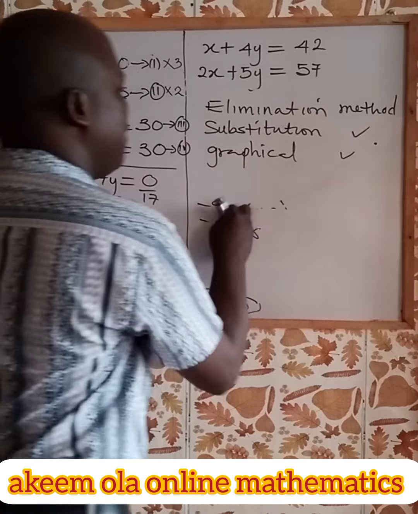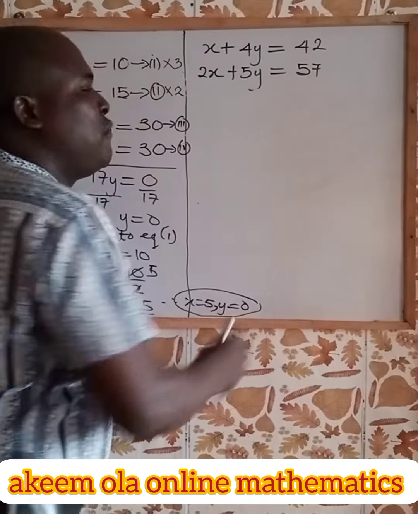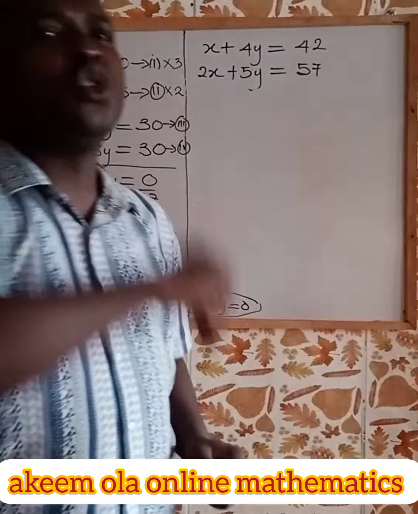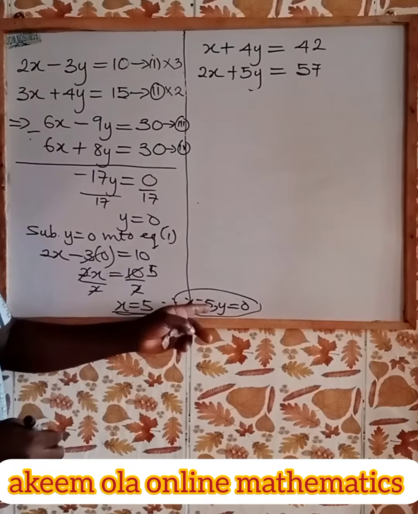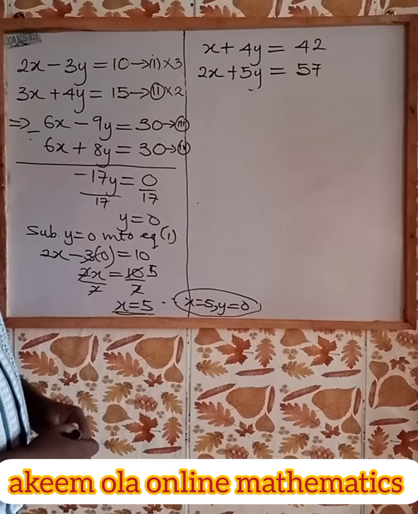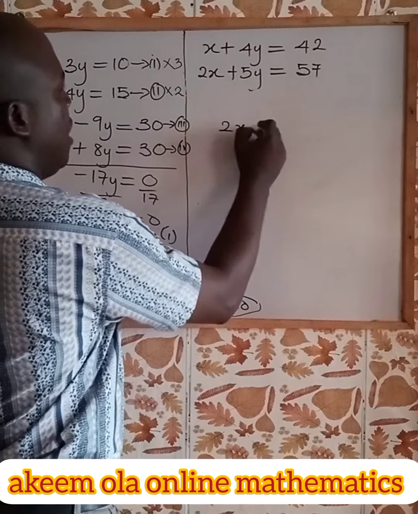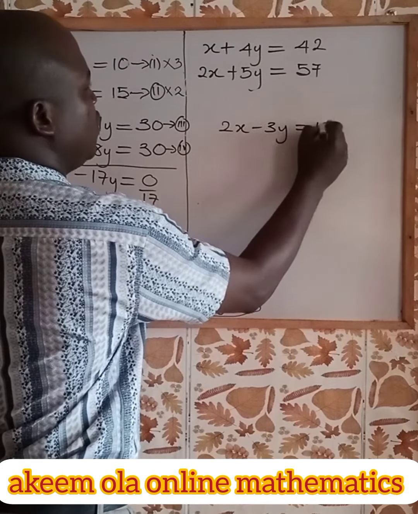You can confirm if you are actually right or wrong by substituting the values of x and y into the equation. Our x is 5 and our y is 0. Let's substitute these values into the first equation, which is 2x minus 3y is equal to 10.